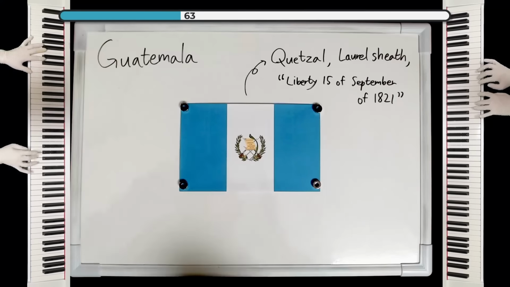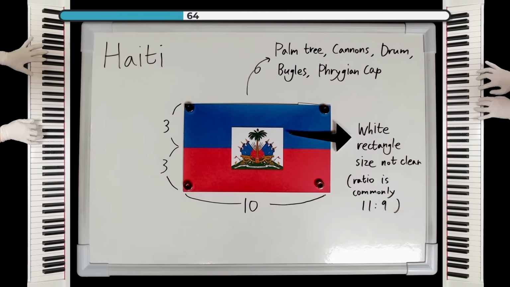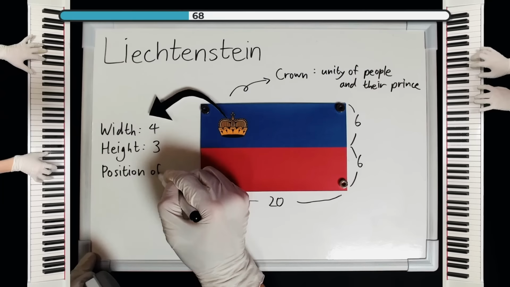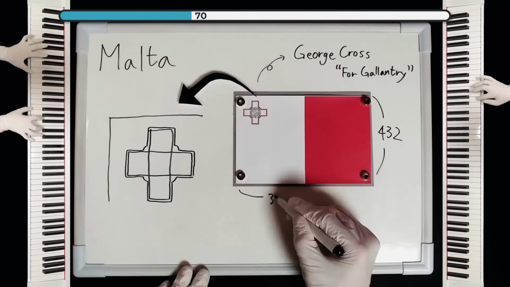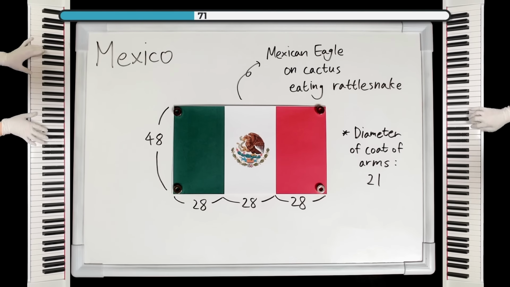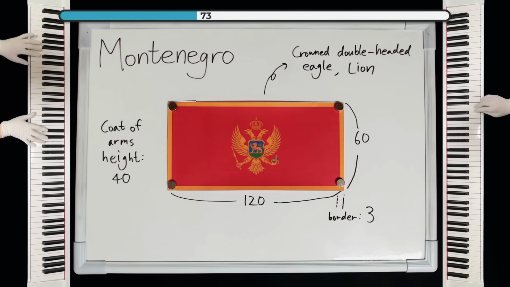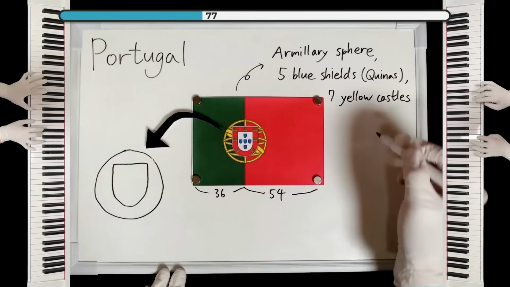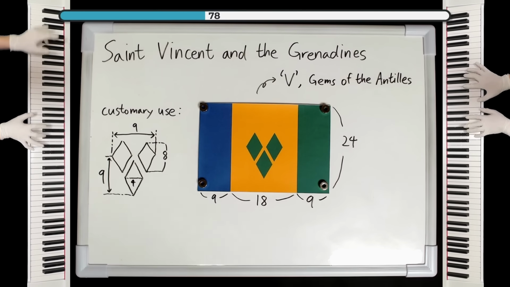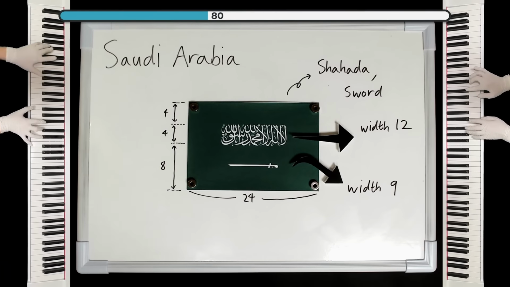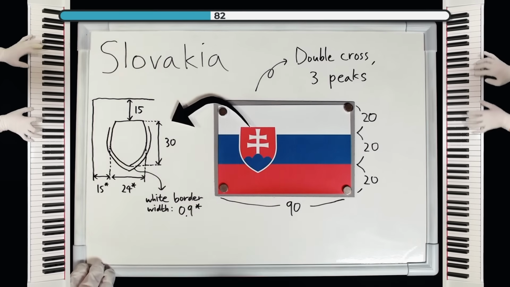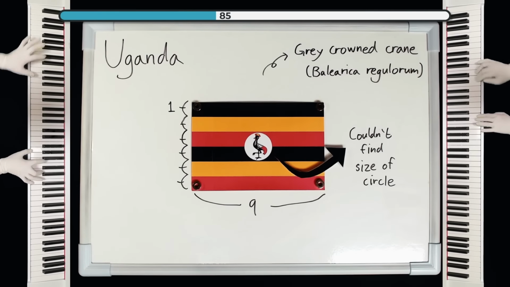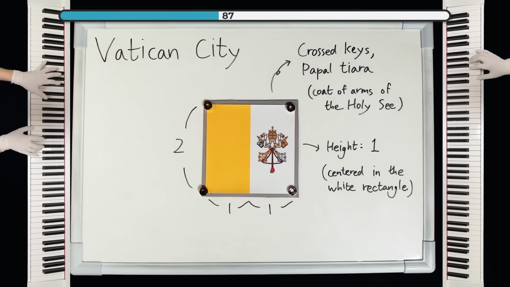Eswatini, Guatemala, Haiti, Iraq, Lebanon, Lesotho, Liechtenstein, Malawi, Malta, Mexico, Moldova, Montenegro, Nicaragua, Oman, Paraguay, Portugal, St. Vincent and the Grenadines, San Marino, Saudi Arabia, Serbia, Slovakia, Spain, Sri Lanka, Uganda, Uruguay, Vatican City, and lastly, Zambia.